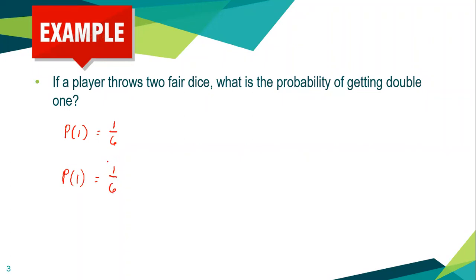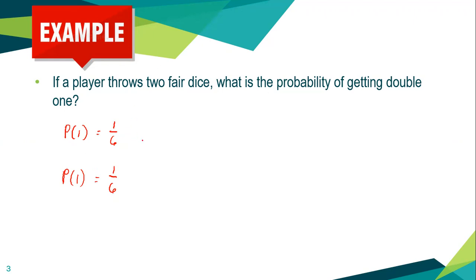So, this is an independent event. Kasi hindi naman naapektuhan ng unang die yung pangalawang die. Tama ba? Hindi naman kung ang lumabas ay 1, matik na 1 din. Okay? Kung 2 ang lumabas dun sa isa, 2 din dun sa kabila. So, hindi sila magkaiba dahil hindi nila naapektuhan ang resulta ng bawat isa.